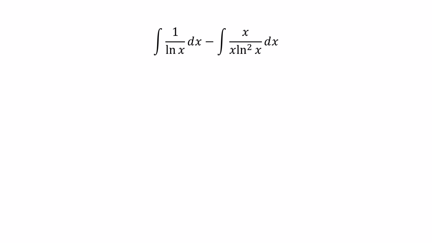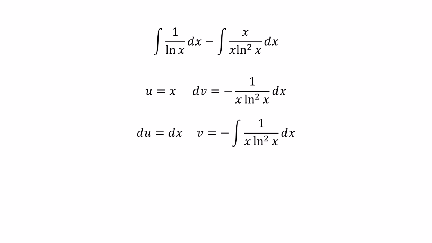Choose u equals x and dv equals negative 1 over x ln squared of x dx. Then du equals dx and v equals minus the integral of 1 over x ln squared of x dx.